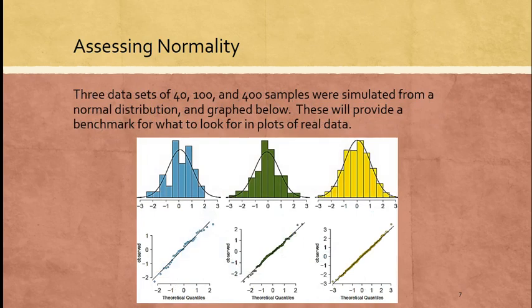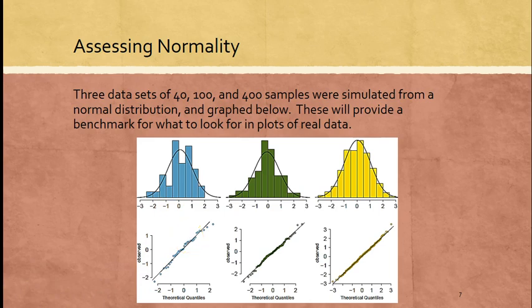Now, here are three sets, just to give you an idea of what to look for. One is a fairly small data set of 40. The middle one is a data set of 100. And the one on the right is a data set of 400. And you can see that as the sample size increases, these histograms and the normal probability plots tend to look better and better.